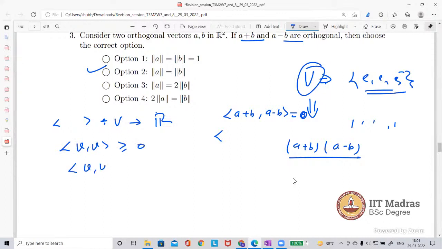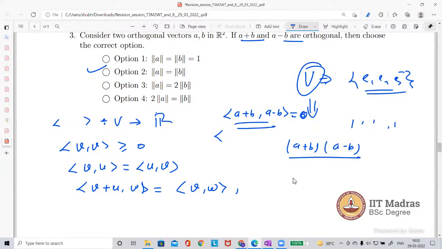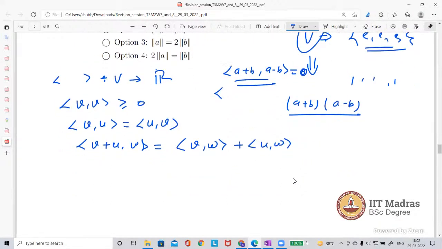The second one is symmetry. And the third one is linearity. Let's say this is W. So this should happen: inner product of V plus U with W equals inner product of V with W plus inner product of U with W. And the next one is scalar multiplication, that is, inner product of CV and U equals C times the inner product of V and U.